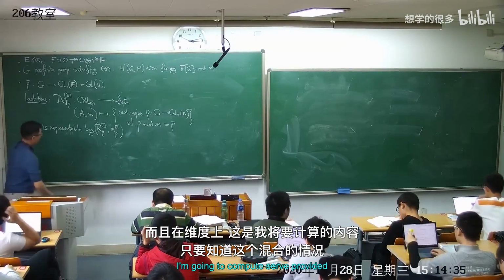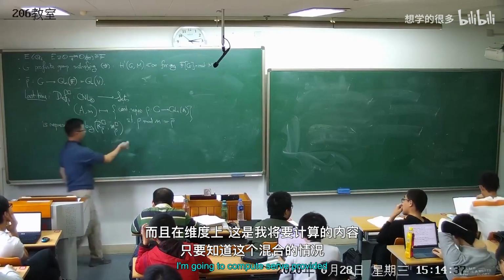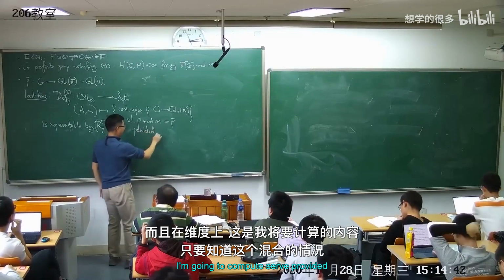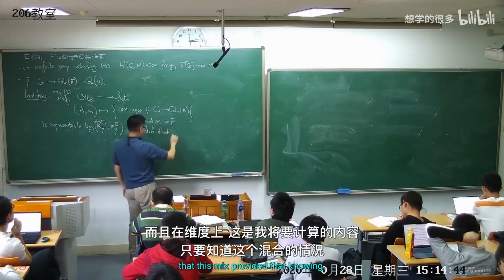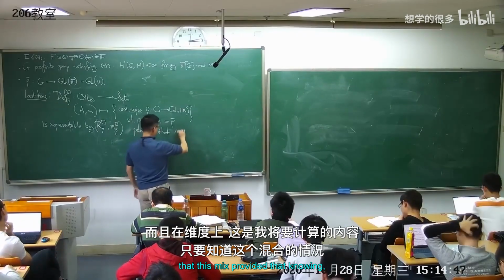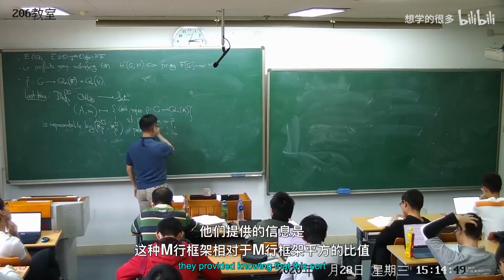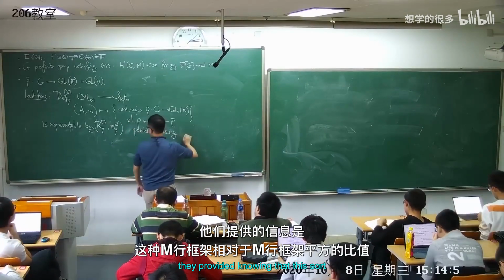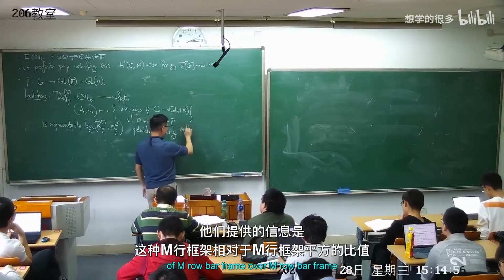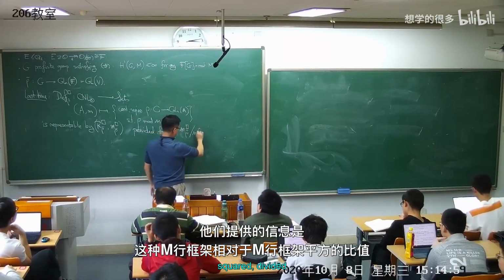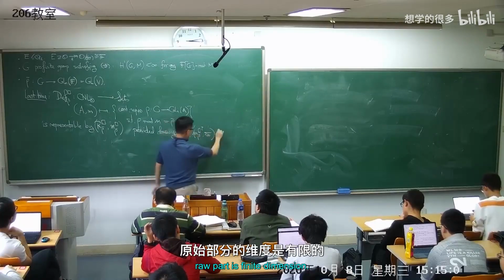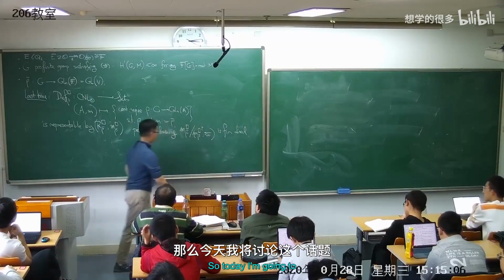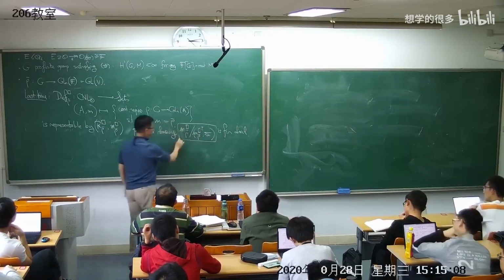So that's something I'm going to compute, provided knowing that m_rho bar framed over m_rho bar framed squared and pi is finite dimensional. So today I'm going to just talk about this.